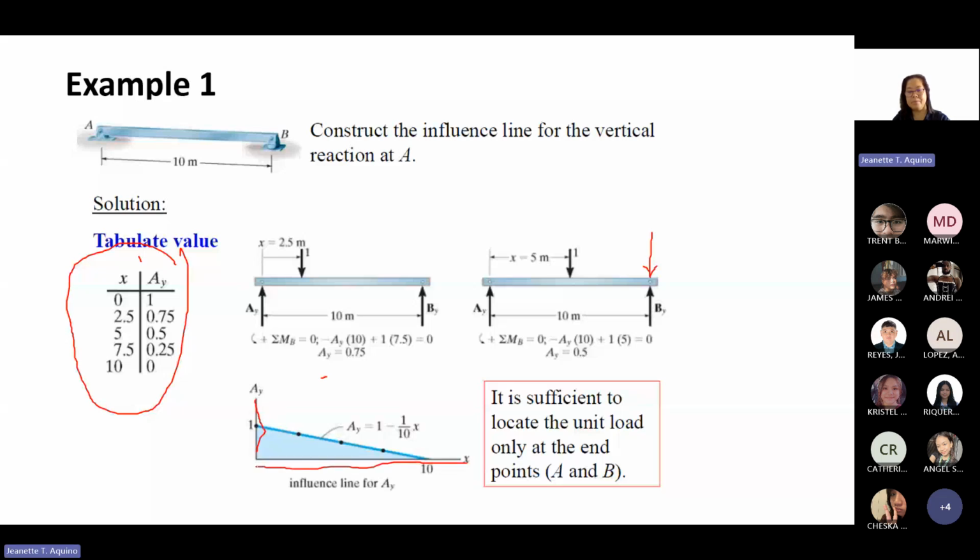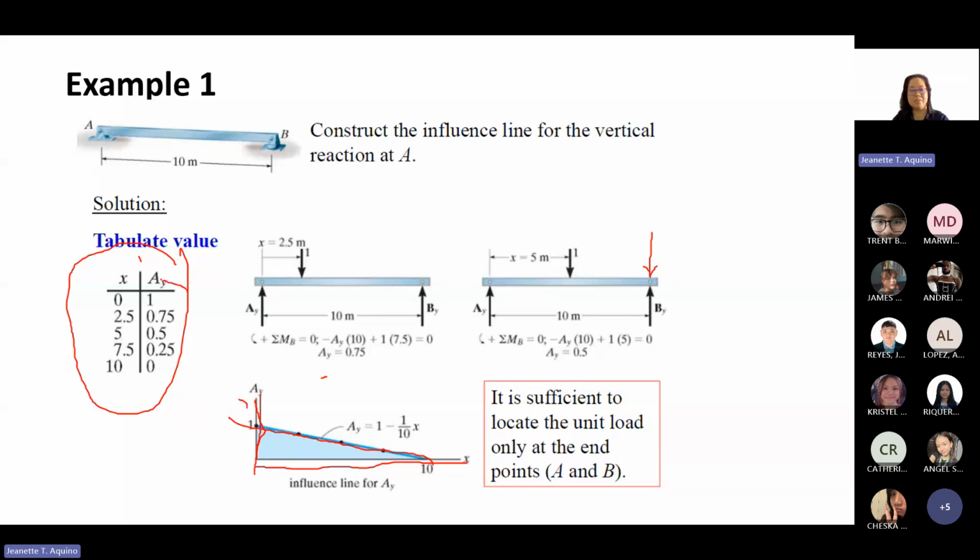So this is the influence line of reaction A. At 0 here is 1, and then 2.5, or you just plot to 10, go straight away. You can plot easier because it's a straight line. So you actually just need 2 points, right?